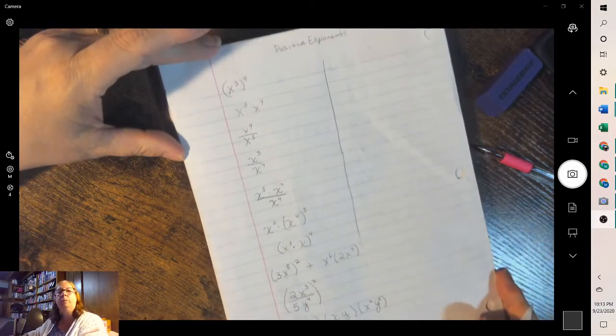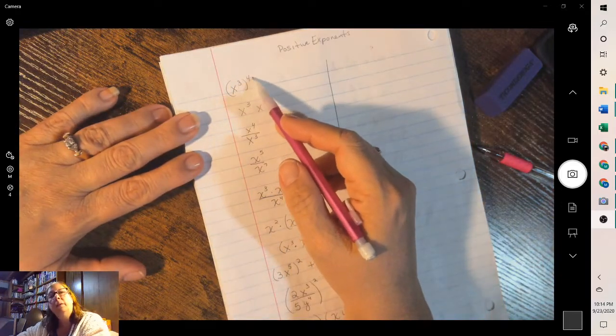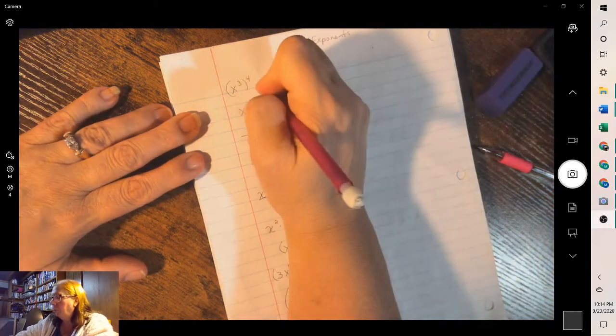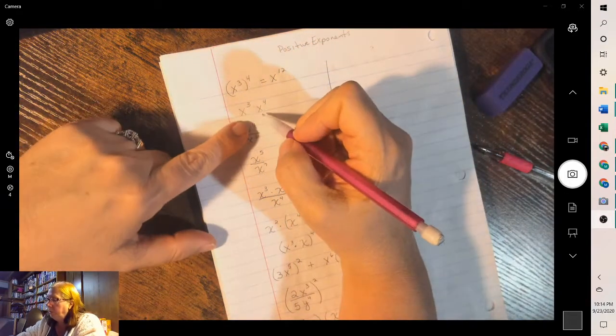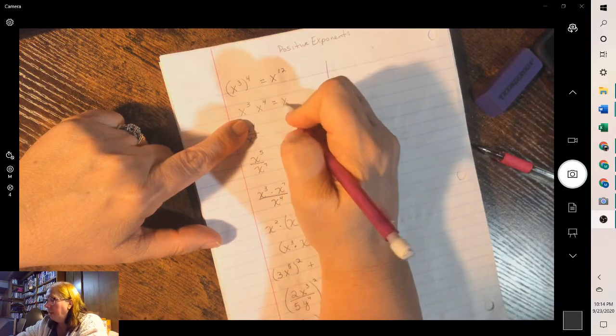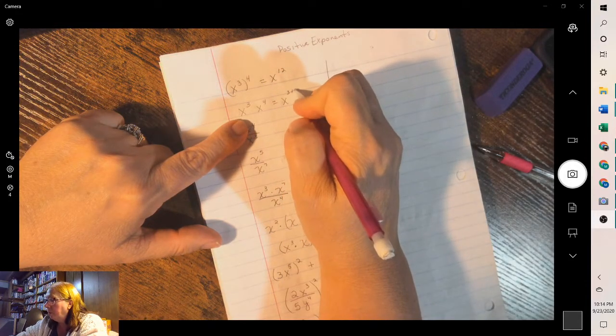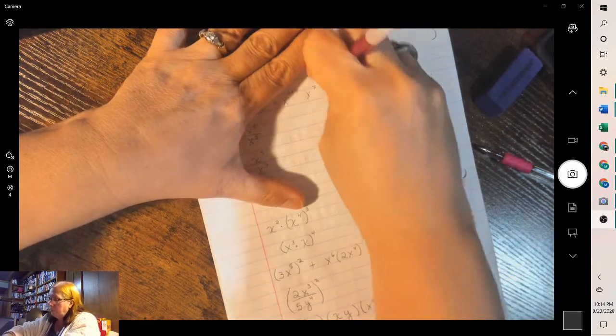Okay, let's try some of the rules. So this one's an exponent to an exponent. An exponent to an exponent you multiply, so that's x to the 12th. This one you have the same base. When the bases are the same, you add them. 3 plus 4 is x to the 7th.